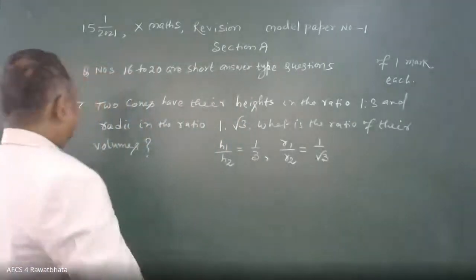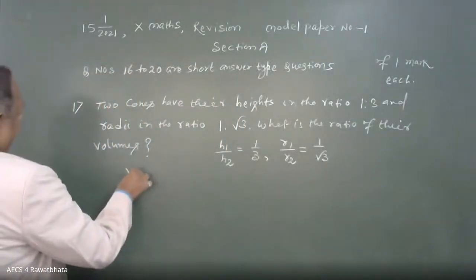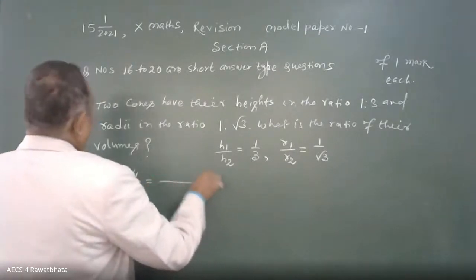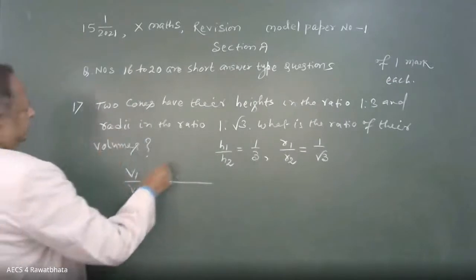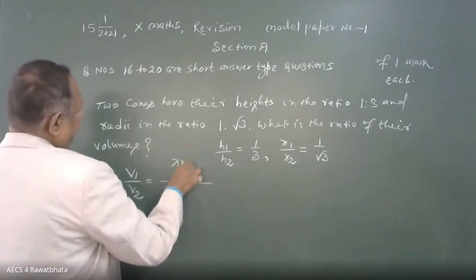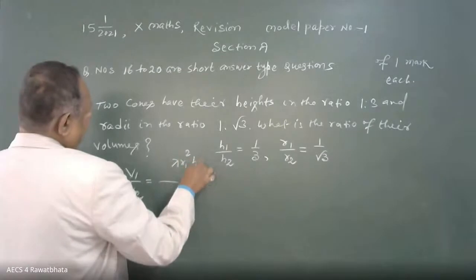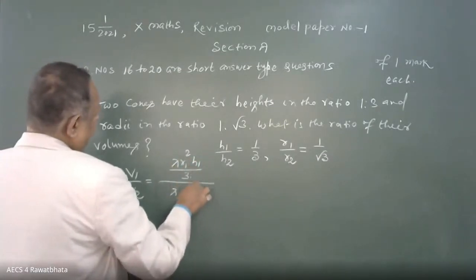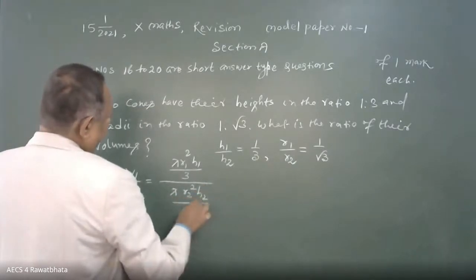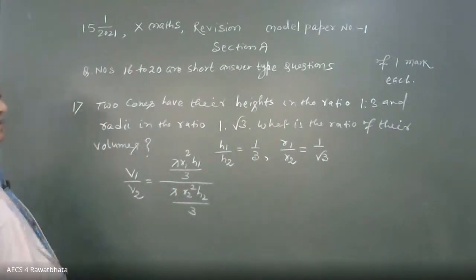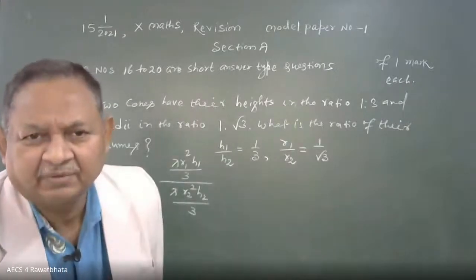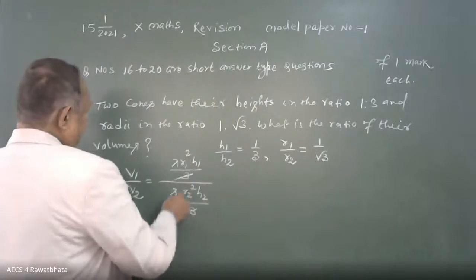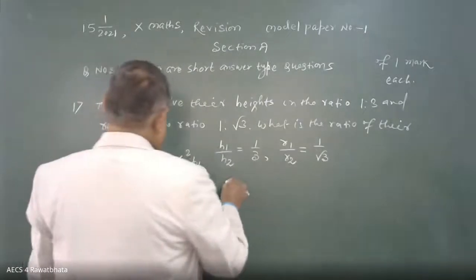The volume of a cone is pi R1 square H1 by 3 over pi R2 square H2 by 3. The 3 cancels, pi cancels. So it is R1 by R2 whole square into H1 by H2.